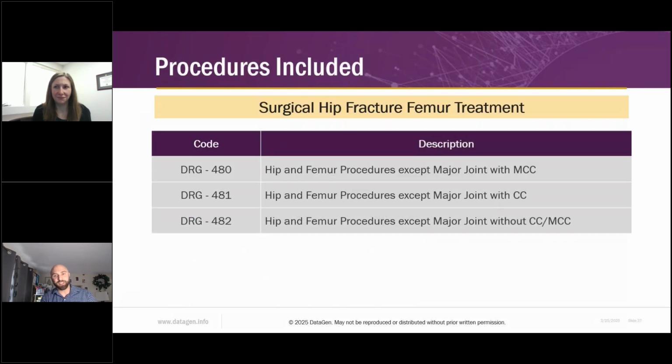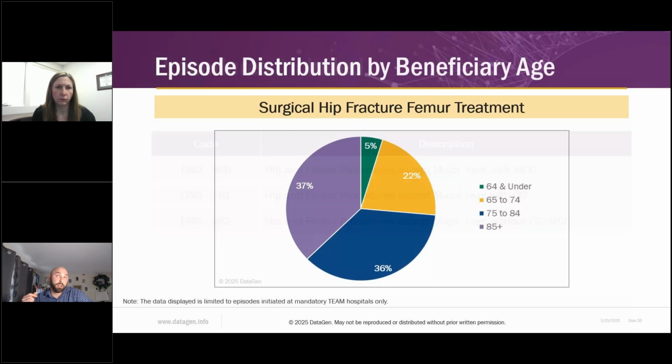Moving right along. Now to shift, surgical hip fractures femur treatment. As you can see here, these are the 3 DRG codes. Nothing special like spine, and there's no outpatient here, so it's straight DRG codes. The next slide illustrates the one important point with shift, which is that patients are older and may not be eligible for a joint replacement.